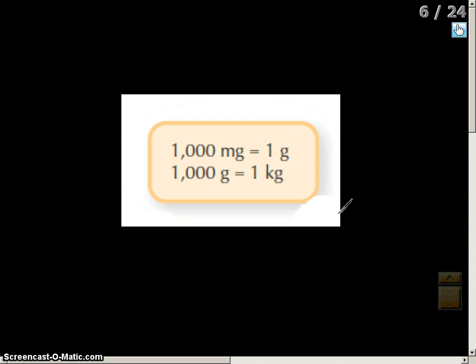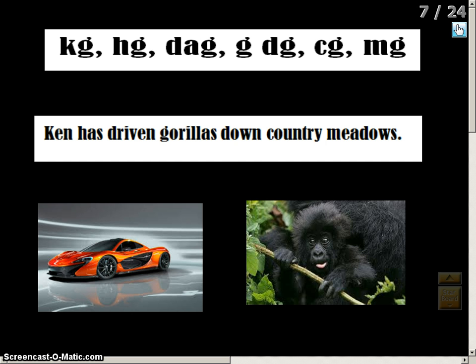For example, there's 1,000 millimeters in 1 meter, just like there's 1,000 milligrams in 1 gram. 1,000 meters in 1 kilometer, 1,000 grams in 1 kilogram. Very easy just to transfer between the different units of metric measurement.